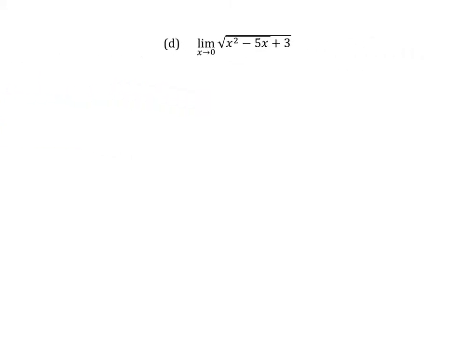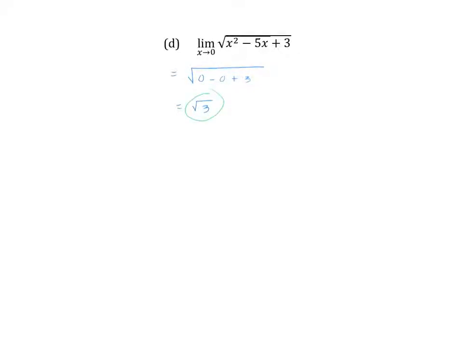And then we'll do one last example with a root. So notice what's underneath the square root is a polynomial, and we're allowed to use plug and chug with polynomials. So this is just going to be the square root of 0 minus 0 plus 3, or the square root of 3.